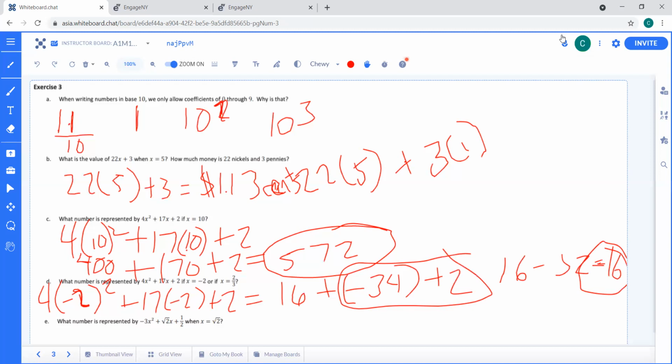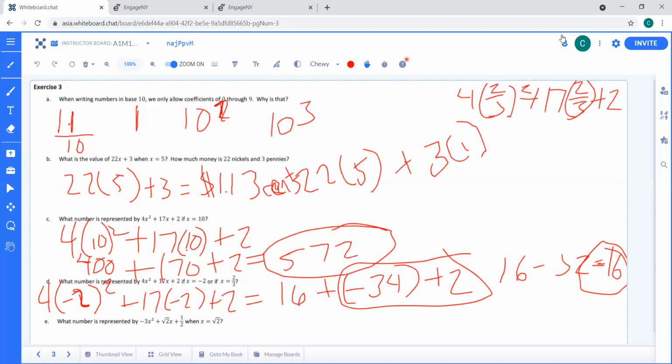Now, if it's 2/3, well, I did not give myself room to write these. Let's go up here and do it. 4 times 2/3 squared plus 17 times 2/3. I do not like that. Plus 2.